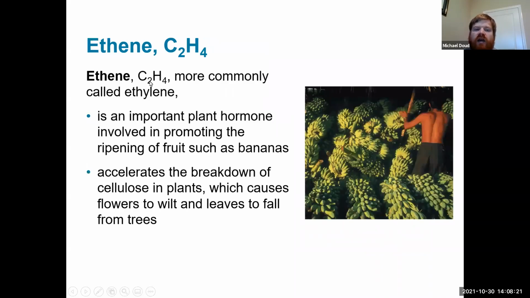So ethene is more commonly known as ethylene gas, and it is actually a plant hormone. Plants send this out when they're ripening to promote the ripening of the neighboring plants, basically. That we associate as the breakdown of cellulose in plants, for example.